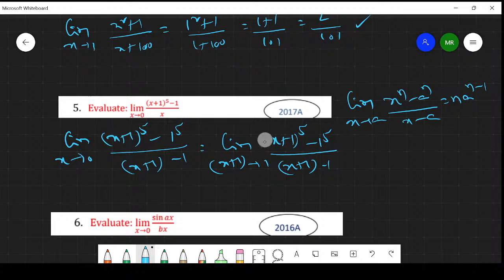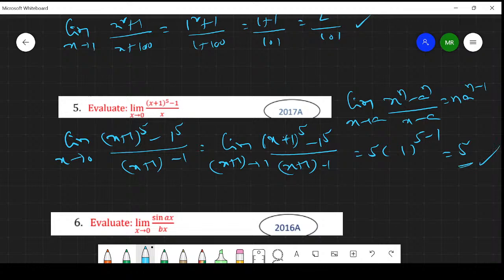I have written this one. You can compare this: in the place of x, x + 1, and in the place of a, 1. So I can write n into a power n minus 1, which is 5 into 1 power 5 minus 1. It will be 5 into 1, and 1 to any power is 1 only.